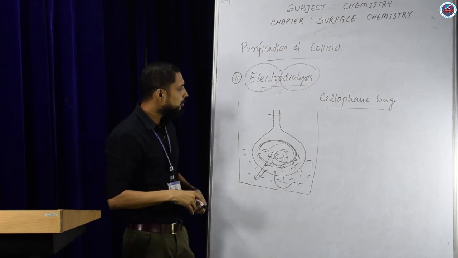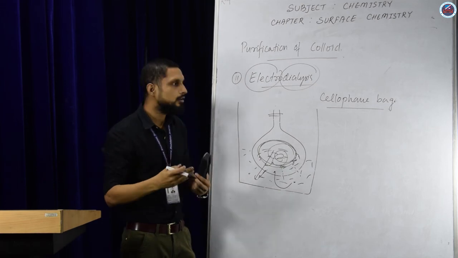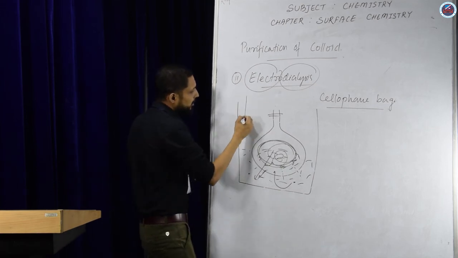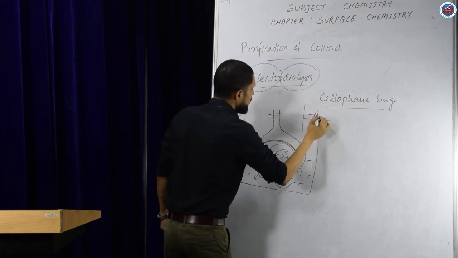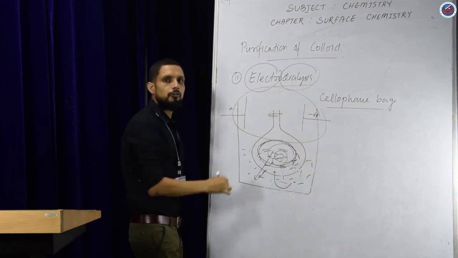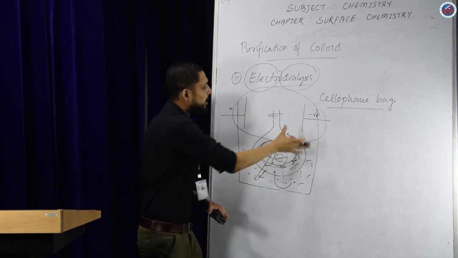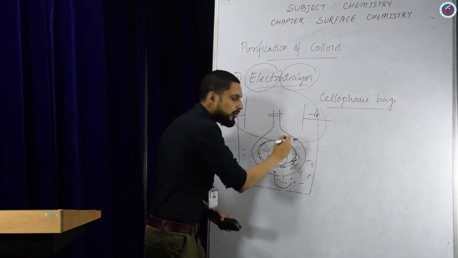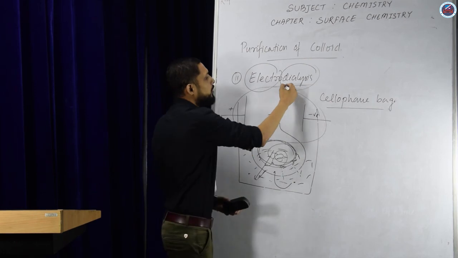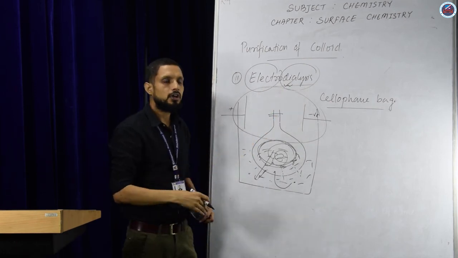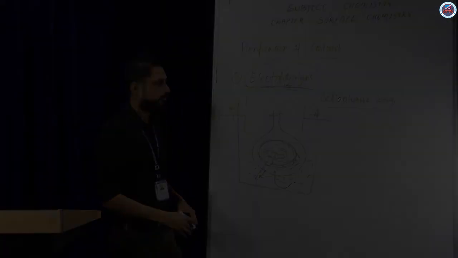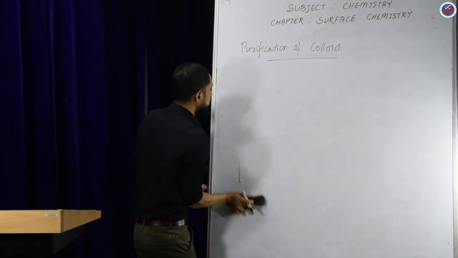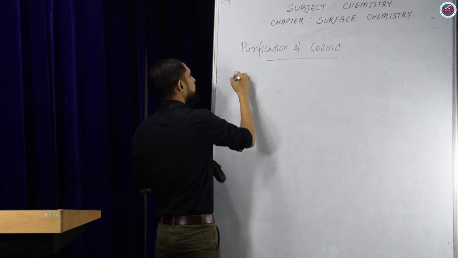So what we do, to increase the speed, we take a positive electrode and a negative electrode, kind of electric field. So in presence of this field, the process will be faster. That means the process of dialysis will be faster. This process is known as electrodialysis. The third method is ultrafiltration.